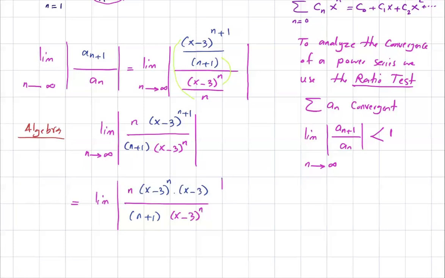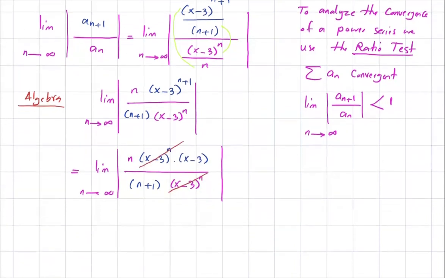Obviously, you can cancel out (x minus 3) to the power n from the numerator and the denominator. This limit must be less than 1, so you get a convergent series.